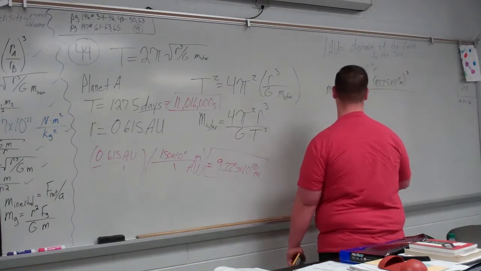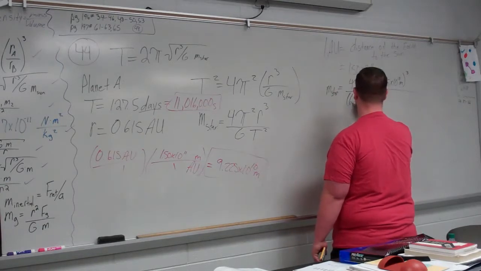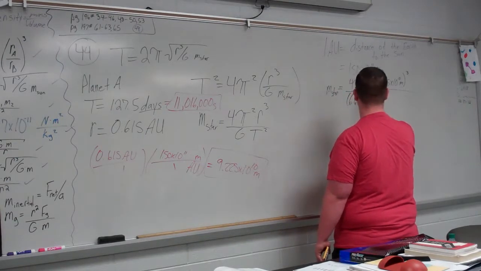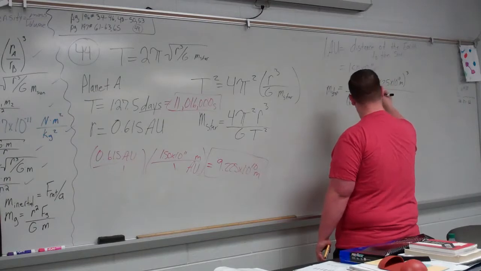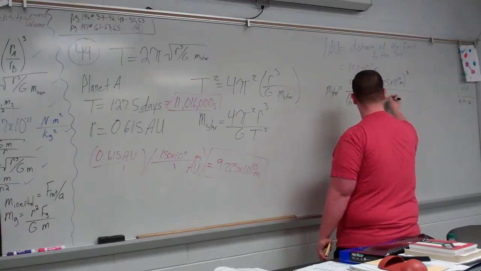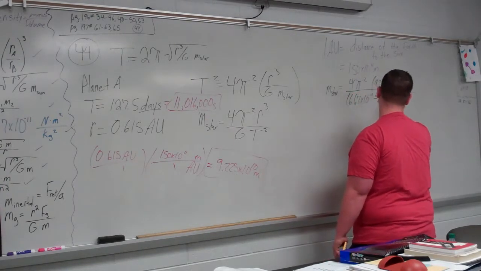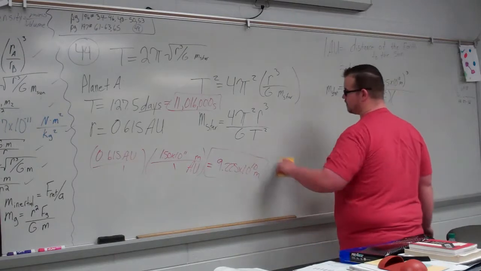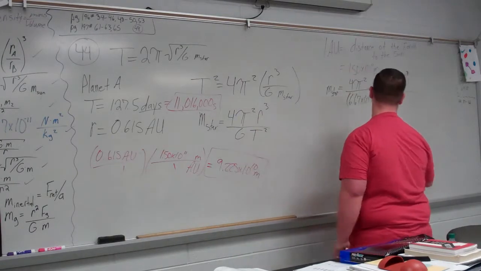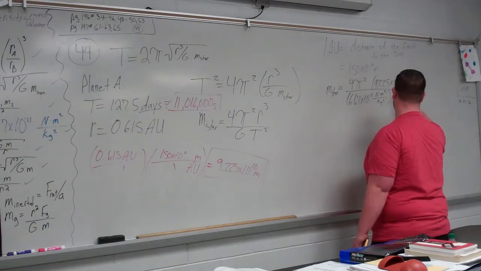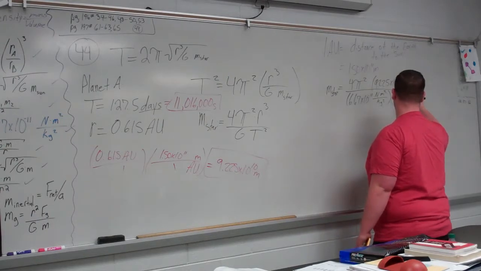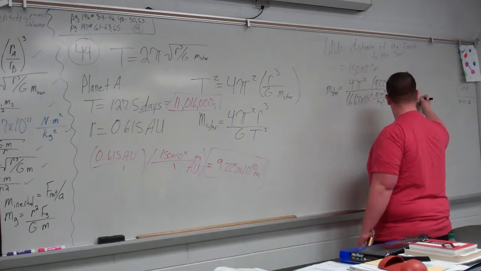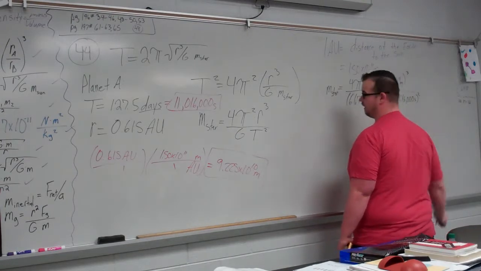That's divided by the gravitational constant, which you should memorize as 6.67 times 10 to the negative 11 newtons times meters squared all over kilograms squared, times my period squared, which is 11,016,000 seconds, and that's squared.